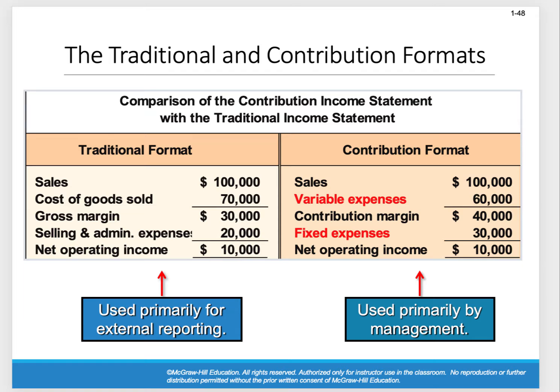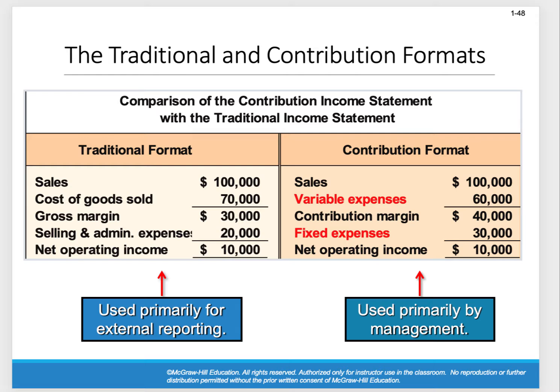Once we subtract cost of goods sold from sales, we end up with gross margin, right? Gross margin is what is left over after we subtract out our cost of goods sold. It's what's left to cover our period costs or our non-manufacturing costs, which are selling and administrative costs. Once we subtract out the selling and administrative or the period costs, we end up with net operating income.